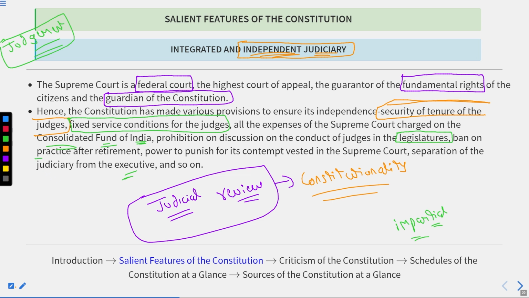Okay? It means that the judiciary is fully independent from the executive or the government. So, you can say fairness in conduct could be secured. All right. So, these are the provisions which made the court system in India an integrated system and also an independent judiciary.